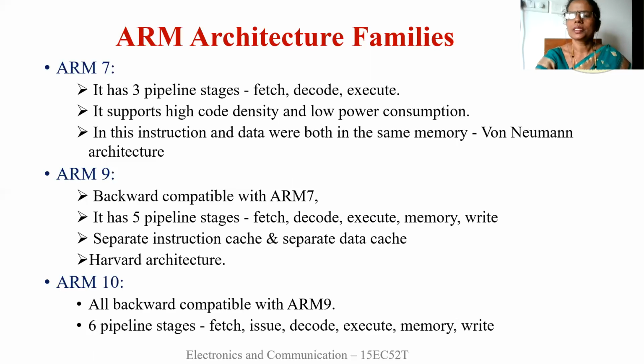What is the memory stage? In this stage, the memory operands present in the instruction are read from or written to the memory. We can read or write data from or to the memory. That stage is called the memory stage.